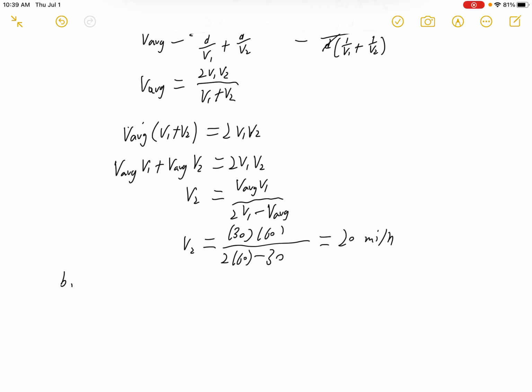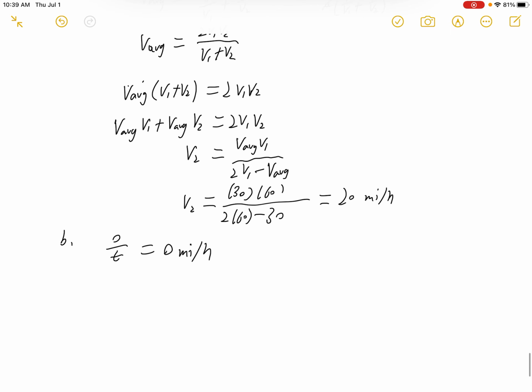So it is total displacement 0 over time, and we know it's still 0 miles per hour. So we know this is going to be the answer for part B.